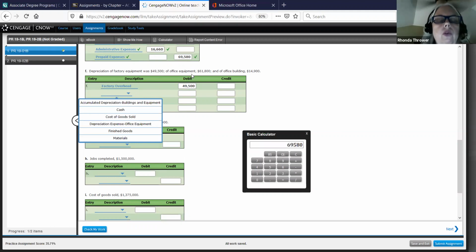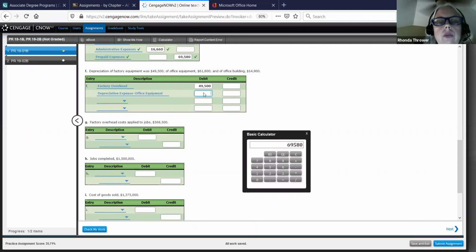And then our office equipment depreciated, and so they've got it technically as depreciation expense on office equipment. They got a better category for that, I think. But technically it's an administrative expense, so you could have used administrative expense if they had given you a choice of that.